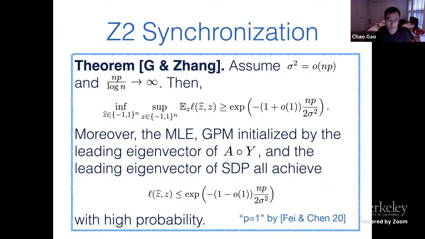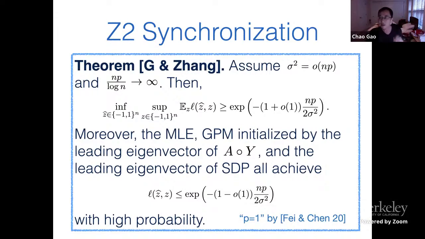So here, our result is more general. We have a general p, but actually the major difference is the difference of proof. The proof of ours is completely different from the proof by Fei and Chen. They directly analyze SDP from the definition of the objective function, but we analyze the performance of SDP from the Burer-Monteiro factorization point of view.